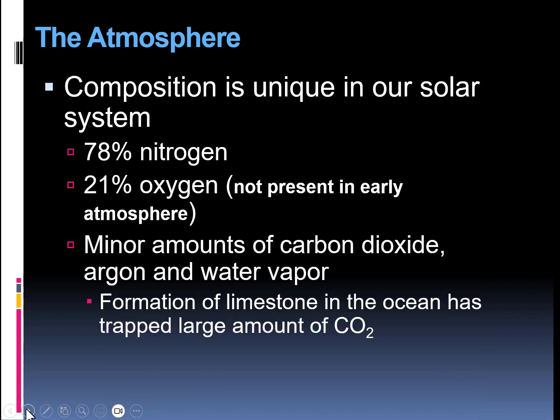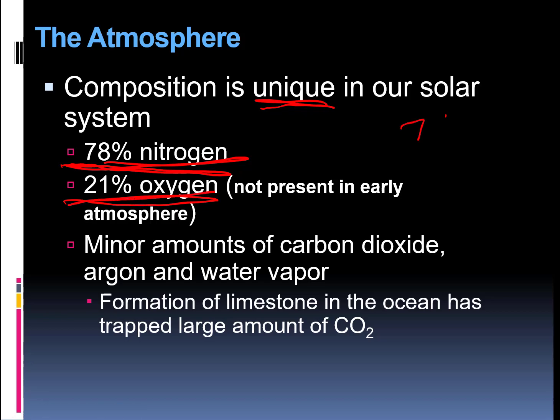So it is also very important that you know the composition is very unique in our solar system, very unique. Even if I woke you up from your best sleep, you were doing something really cool and I came there and asked the question suddenly, you still have to know that the composition is 78% nitrogen, 21% oxygen, and if you add those two together, 78 plus 21, how much is that?